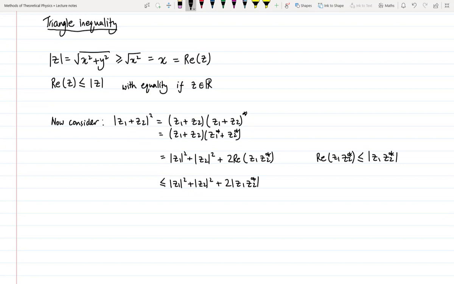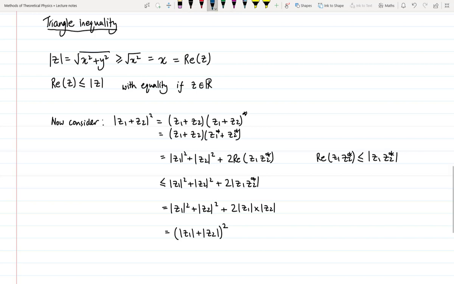Finally, we can simplify this last term by noting that, as before, these terms are unchanged, but then we can separate this as the modulus of z1 times the modulus of z2. And that allows us to factorize this as mod z1 plus mod z2 squared.